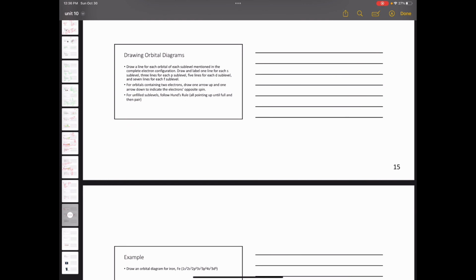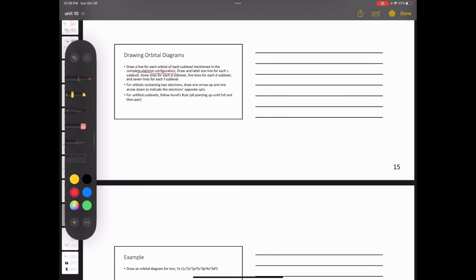How can we do orbital diagrams? First, you draw lines for each orbital of each sublevel mentioned in the complete electron configuration. As I said earlier, without doing the electron configuration, you can't do the orbital diagram. So even if I ask you in the exam to do the orbital diagram for such and such element, please do the electron configuration first.